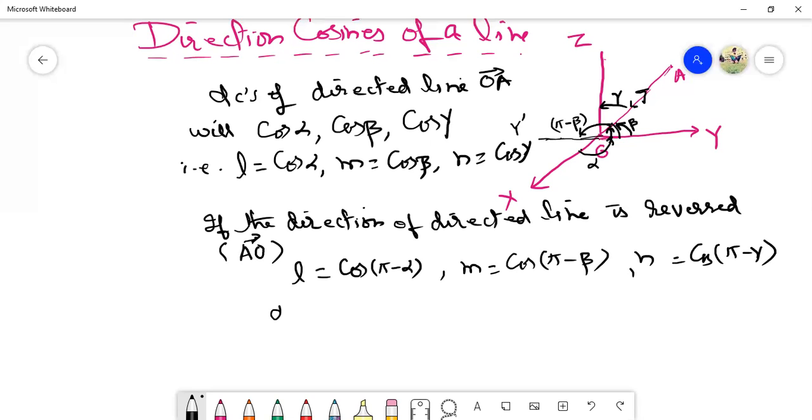So therefore the DCs will now be minus l, minus m and minus n. So when the direction is reversed, their sign will be changed. Just change the sign.